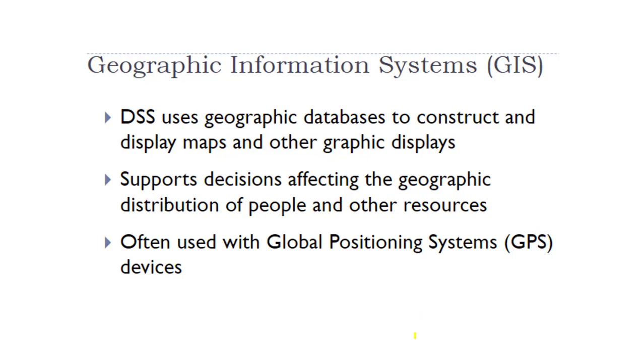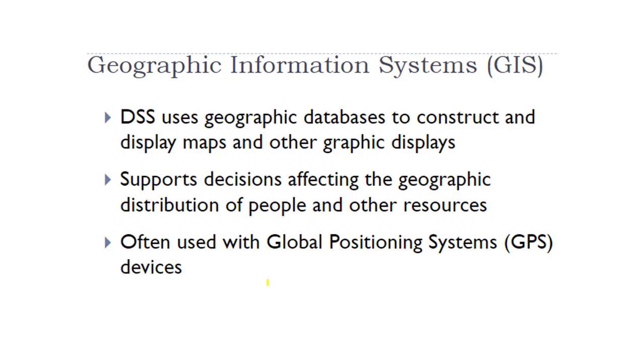We have Geographic Information Systems, or GIS. This DSS uses geographic databases to construct and display maps and other graphic displays. It supports decisions affecting the geographic distribution of people and other resources. And we have Global Positioning Systems, or GPS, which is used in devices.